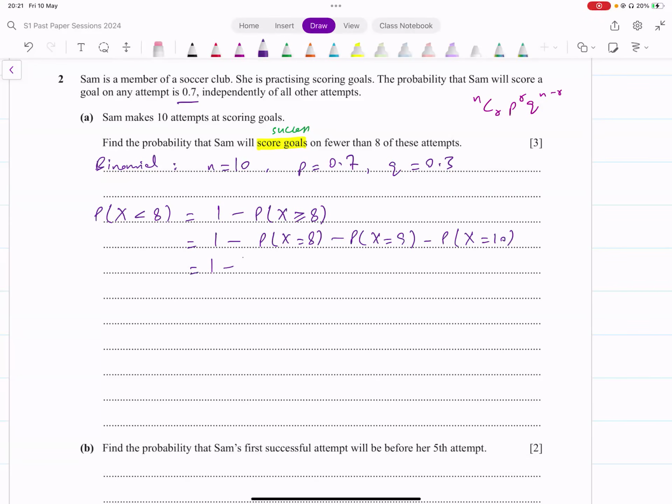1 minus n, which is 10, C8, p, which is 0.7 raised to power 8 into 0.3 raised to power 2, minus 10C9 into 0.7 raised to power 9 into 0.3, and then finally we have 10C10 into 0.7 raised to power 10 into 0.3 raised to power 0.